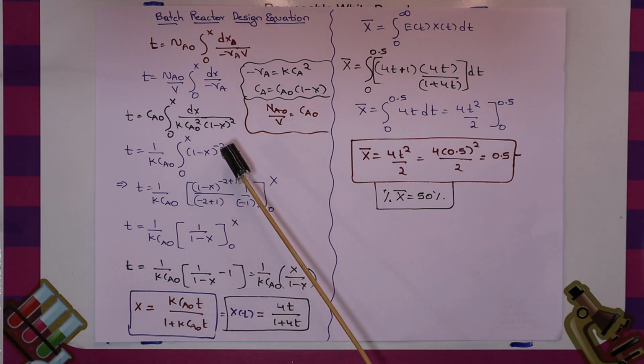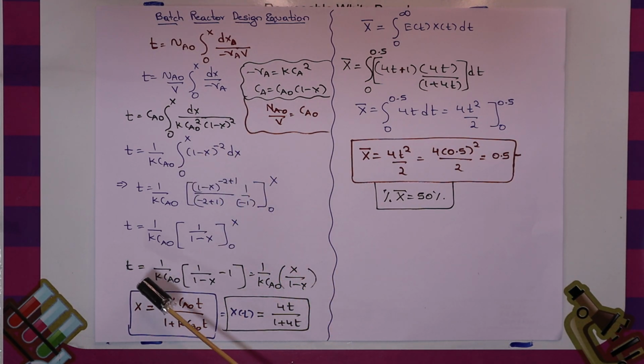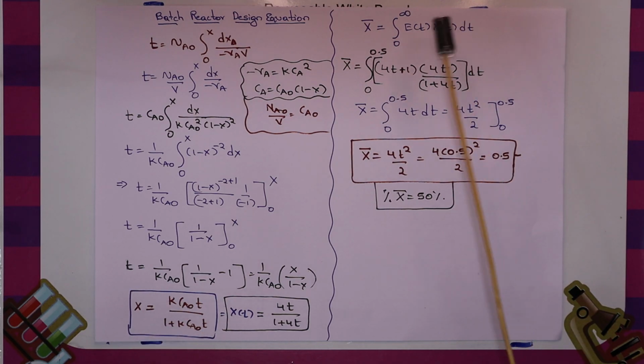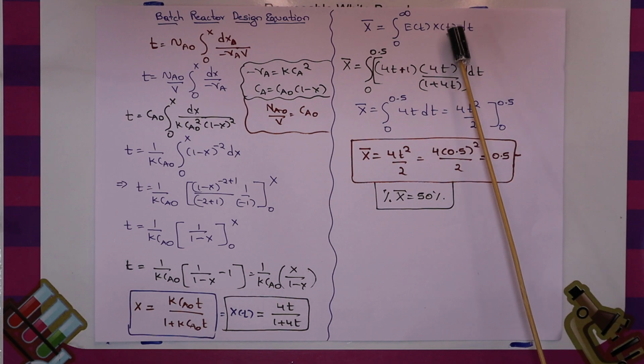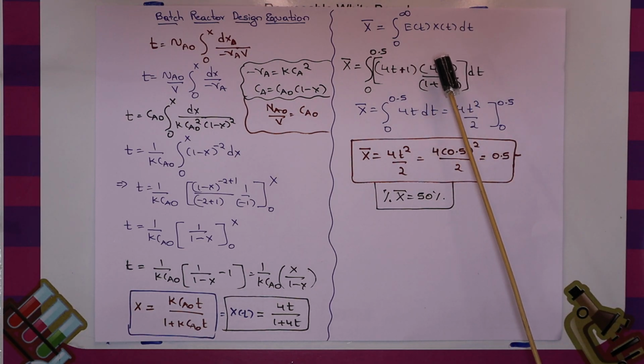You can do this integration. You get the time t equal to 1 by k Ca naught into x by (1 minus x). If you take the conversion on one side and time on the other side, finally x is nothing but k Ca naught into t by (1 plus k Ca naught into t). This is for the second order reaction. So I know the information about x. Simply, the conversion from the reactor is nothing but integral 0 to infinity E of t into X of t.